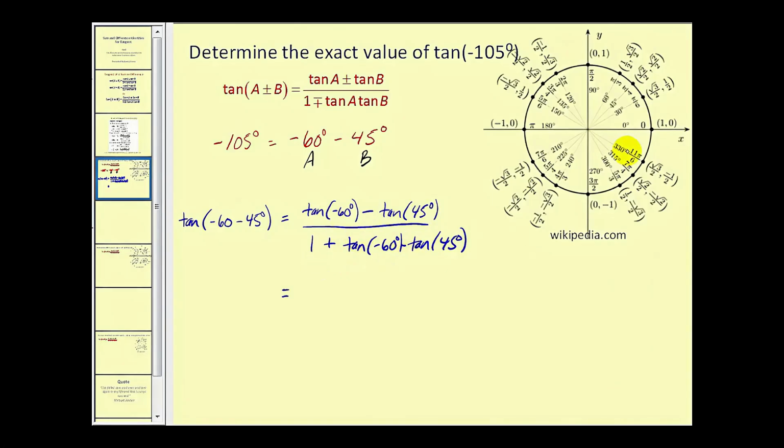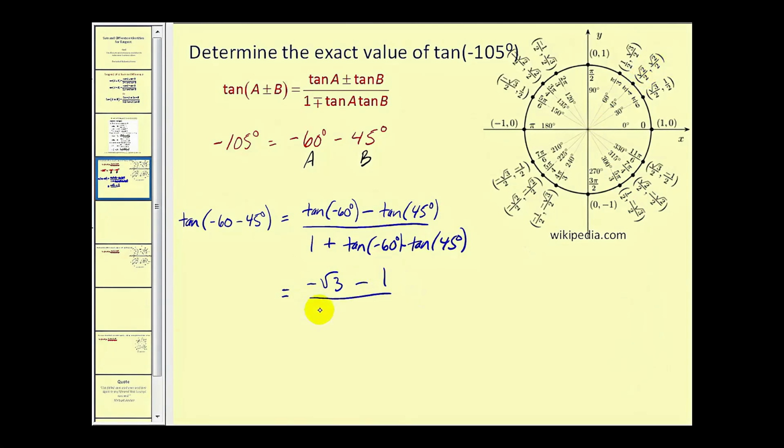So now we'll go ahead and find these tangent values and then try to simplify this fraction. Tangent negative 60 degrees would be here. Remember, tangent theta is equal to y over x on the unit circle. Negative square root 3 over 2 divided by 1/2 would be the same as negative square root 3, minus tangent of 45 degrees. Here's 45 degrees, y over x, that would equal 1.